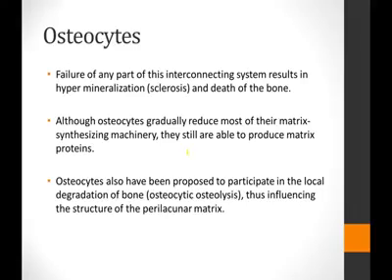What is the local degradation of the bone? Every osteocyte, because it is able to produce some proteins and has some enzymes that are able to degrade the bone, has the ability to participate in bone degradation within its local surroundings.